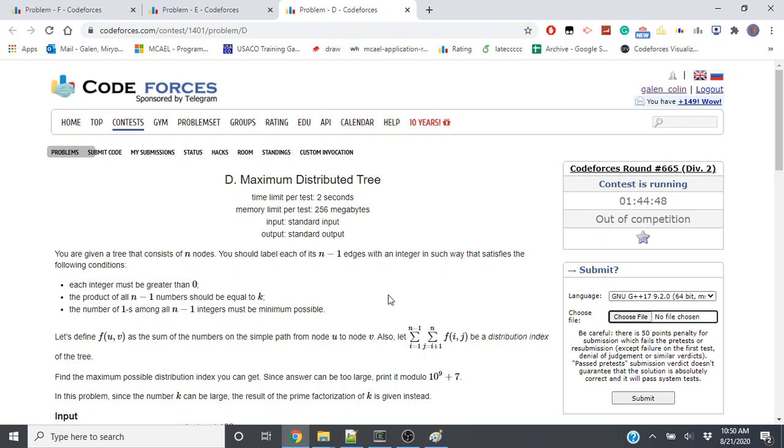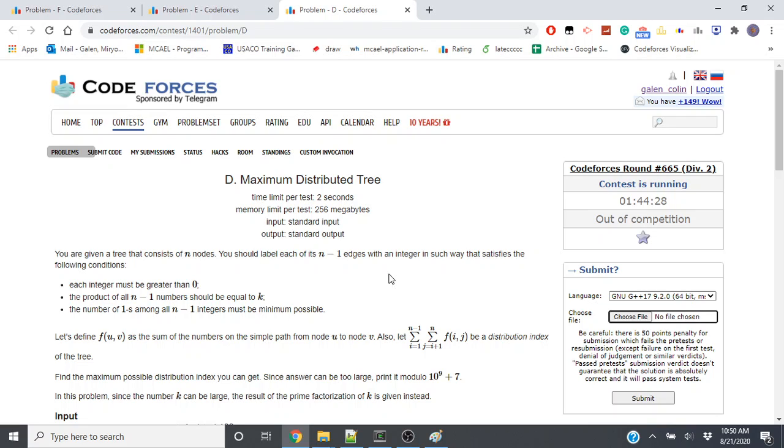So now let's continue. We're given a tree, a graph problem. Each integer must be greater than 0. Product of all n-1 numbers should be equal to k.